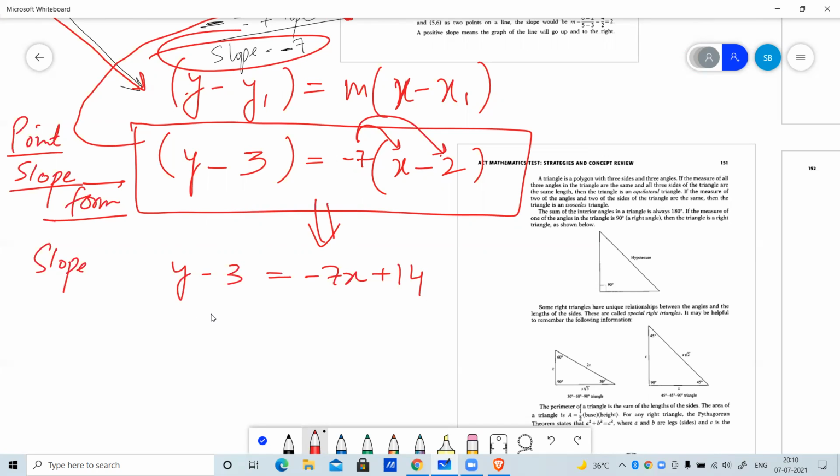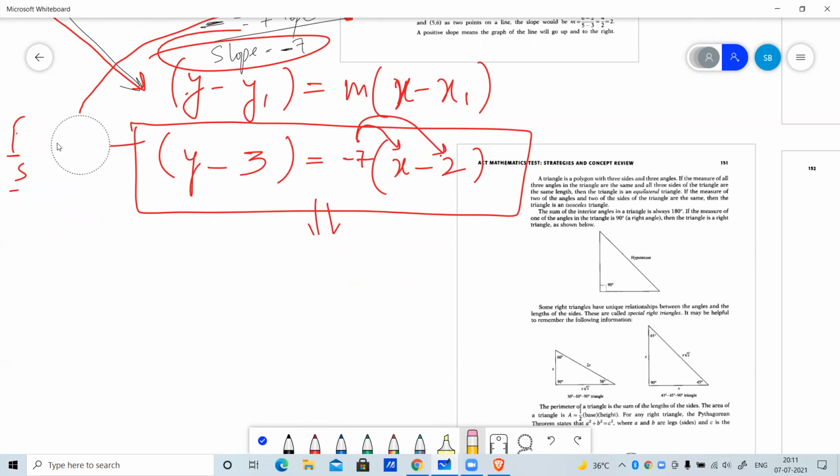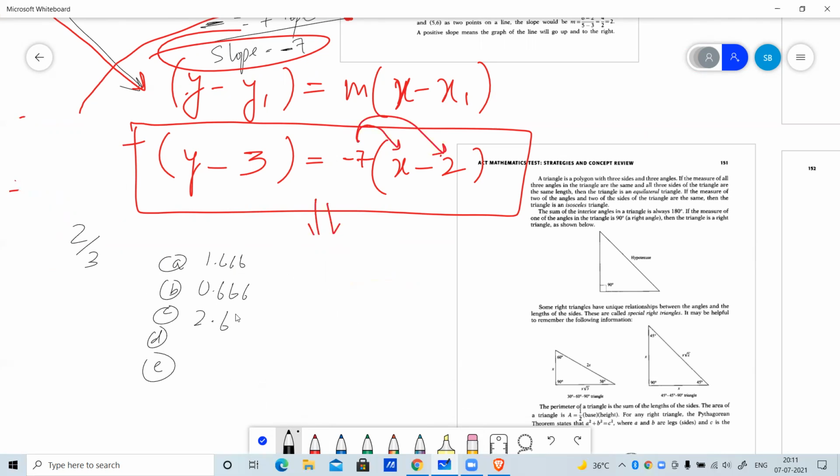How do you know to simplify it more? We don't need to simplify it. It's just the matter of representation. For example, if you got the answer in some question as 2/3, but your options are in decimals, like 1.66, 0.666, 2.666, 3.666, and you don't have 2/3 anywhere, you will represent it in decimal form.